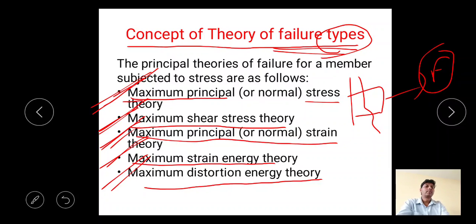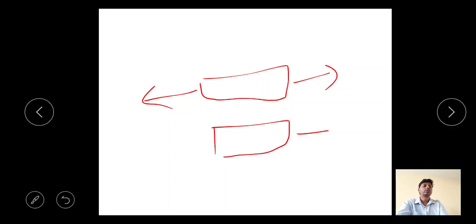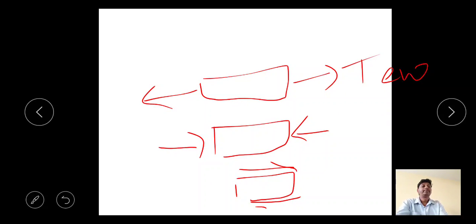That is the maximum principal stress theory, shear. See, stress you are using. I have explained: if you take a body and there are forces like this, it is called tensile, and this is called compressive, and this is called shear.